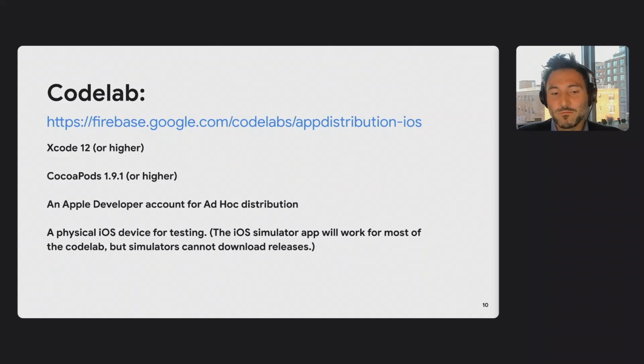For our code lab, we will require the latest Xcode 12 or higher, CocoaPods for dependencies 1.9.1 or higher, an active Apple developer account so you can distribute your app, and a physical iOS device for testing. The simulator iOS app will work for most of the code lab, but you won't be able to download the releases that you get from App Distribution.